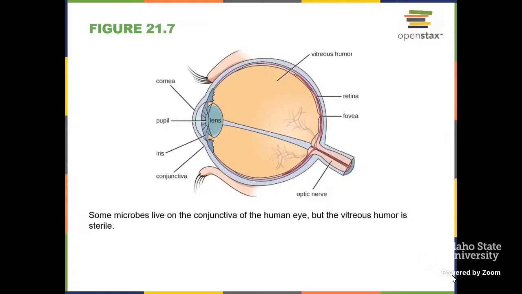So, like I said, the conjunctiva potentially may be colonized with some organisms, but as we move to the inside, the vitreous humor, this should be sterile, all right? Doesn't mean that it always is. There are some potentials for things to get in there and cause some serious damage, and we'll hit some of that toward the tail end of this chapter as we think about some potential parasites causing problems.